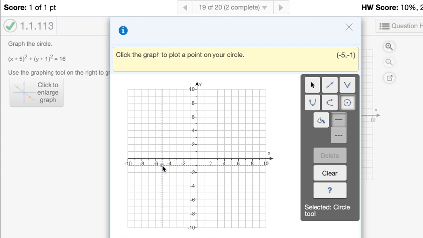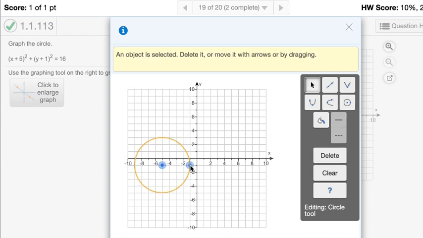Now from there, we're going to go up, down, left, and right the radius. If r squared is equal to 16, the radius is equal to 4. So I'm going to go to the right 4 units. Notice it automatically goes up 4, left 4, and down 4, because it's drawing that circle, kind of like when you're drawing a circle in a Word document.